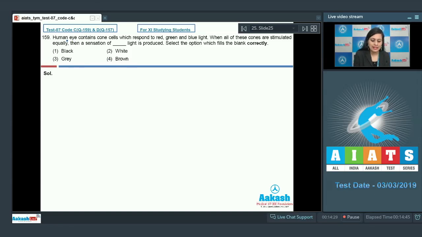And as it is a direct line from your NCERT book, we know the exact answer to this question is option number 2, white light. When all these cones, red, green and blue, are stimulated simultaneously, a sensation of white light is produced. Whereas the other 3 options, black, grey and brown, are incorrect. So the correct answer to this question is option number 2. Let's discuss our next question.